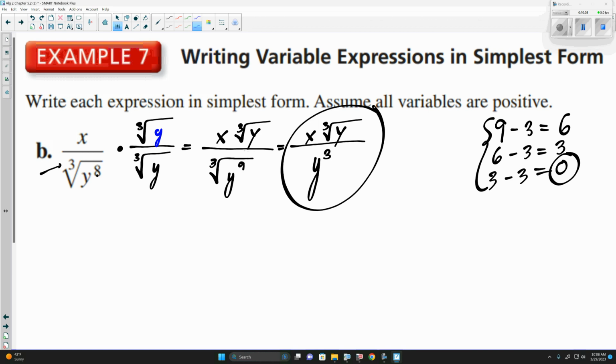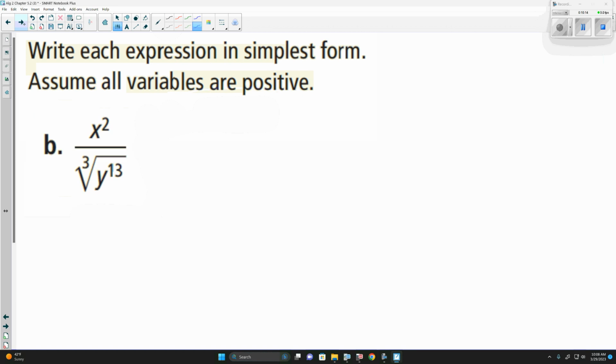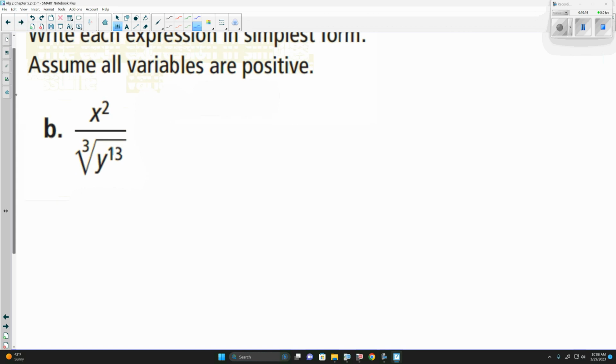We ready to look at the other one of this type. This one here. X squared over the cubed root of y to the 13th. Now, 13 is not divisible by 3. We can't take even groups of 3 away from 13. It just doesn't work.